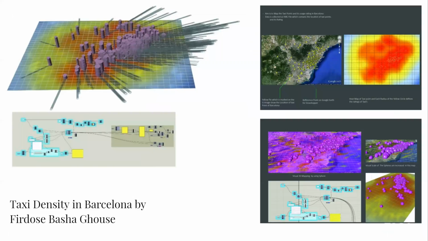And finally, this is 4 models of the taxi density in Barcelona by, I don't know if I'll pronounce it right, Fodos Basha Gils. This is, again, kind of a bizarre model, kind of a bizarre map. But we included this one because it shows you some really different ways of doing it. One of them is cylinders, mapped up to show height, to show popularity.